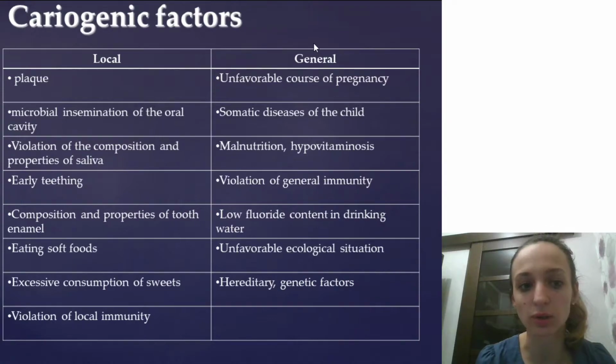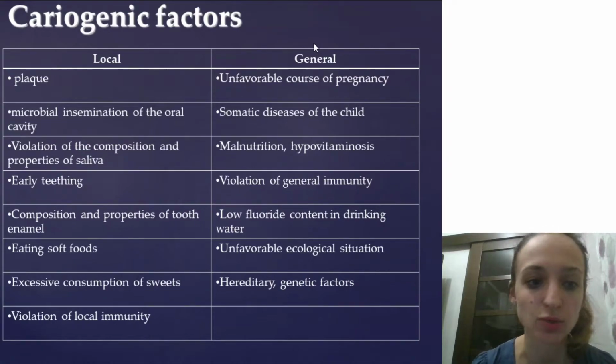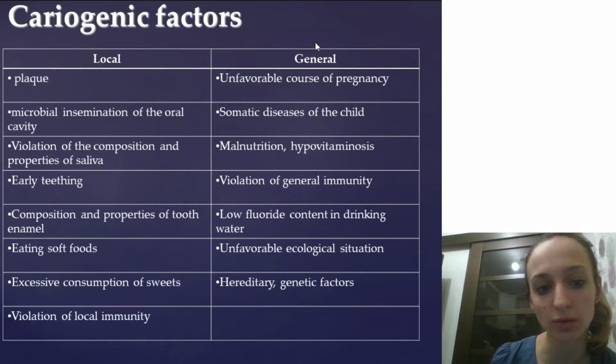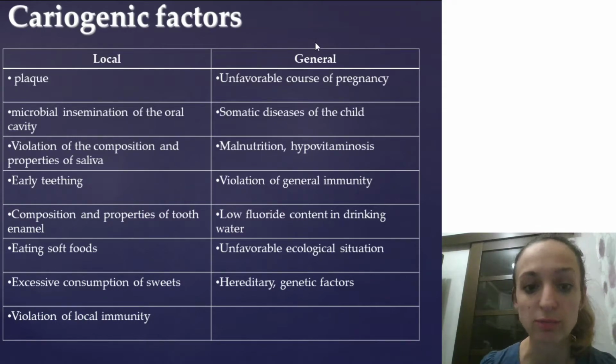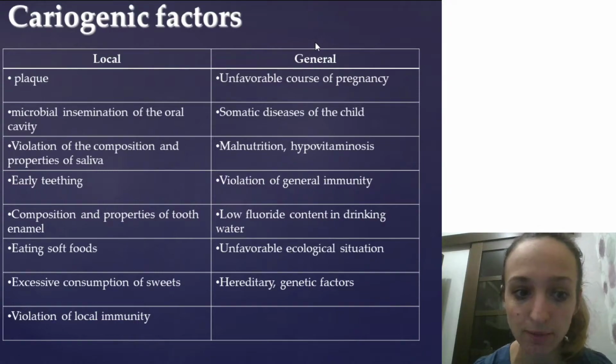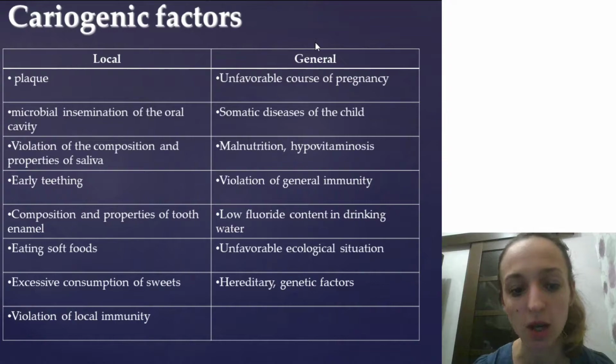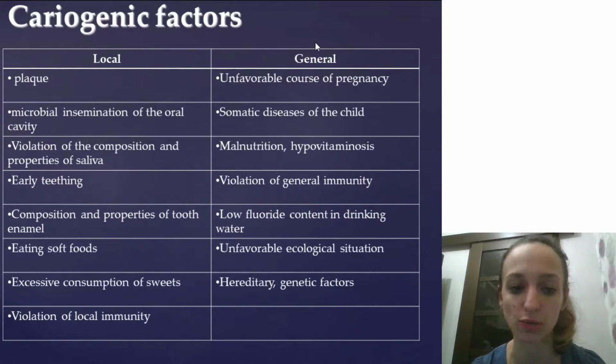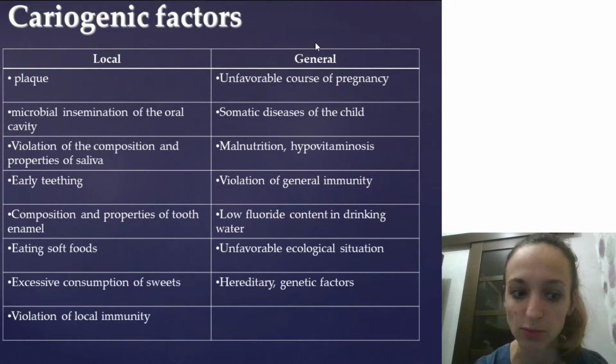There are three stages of formation of dental plaque, and carcinogenic factors can be local and general. Local ones you should know: plaque, microbial insemination in the oral cavity, violation of the composition and properties of saliva, early teething and eating soft food, composition and properties of tooth enamel, excessive consumption of sweets, and violation of local immunity.